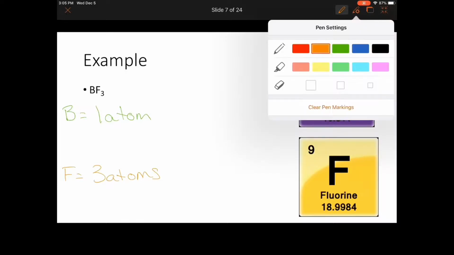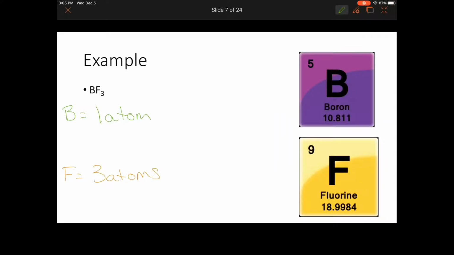Well, now we have to calculate the mass of each element. Boron's mass is 10.8, so I'm going to round that up to 11. And we know 11 times 1 gives us 11. For fluorine, our mass is 18.9.